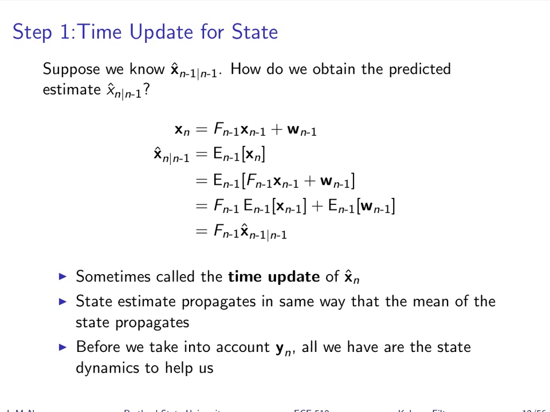And so the noise term goes away. That's just zero. And we're left with f of n-1 times this expectation. But that's the thing that we started with. That's the estimate of the state at time n-1 given all the measurements up to time n-1. So we end up with a very simple equation then for predicting what the state is going to be at time n.